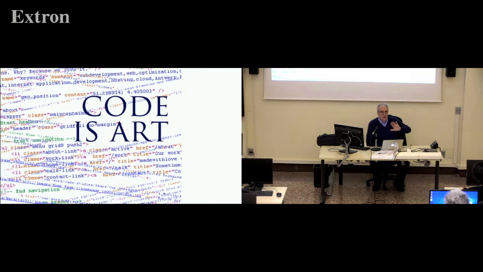By the way, stop me anytime if I lose you. If what I'm saying is not clear, I want to make it really a seminar, interactive, like all digital literature should really be. But code is art. Some code art, for instance, is one of the instantiations of electronic literature, in which the writing is done mostly on code and not necessarily on text, because text is executed through code.